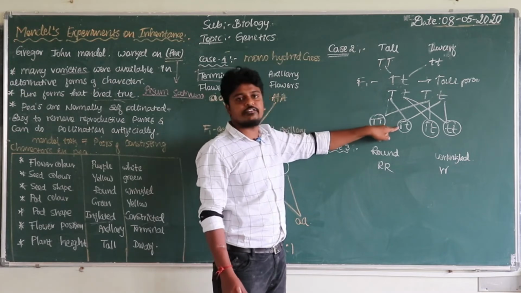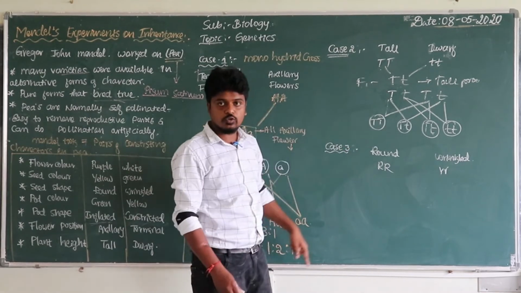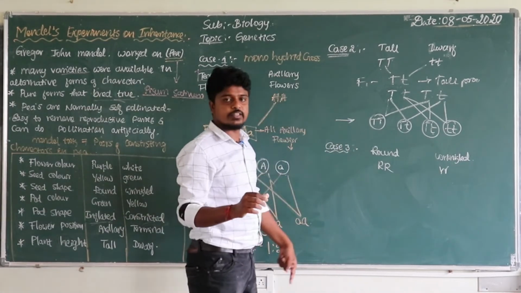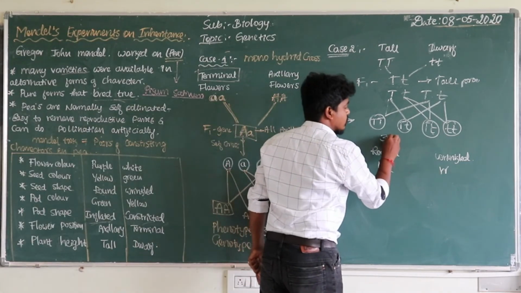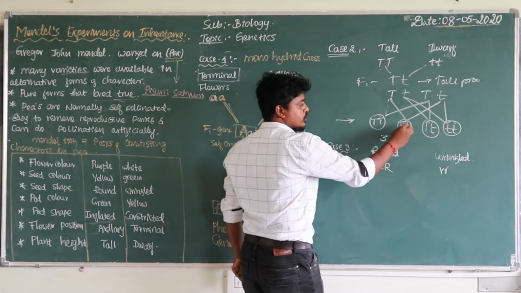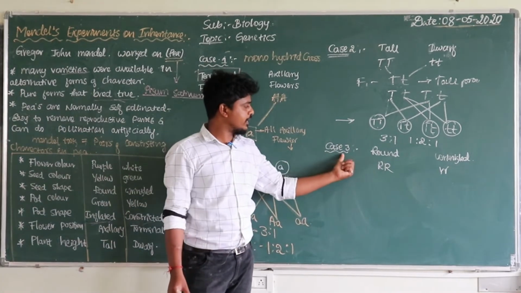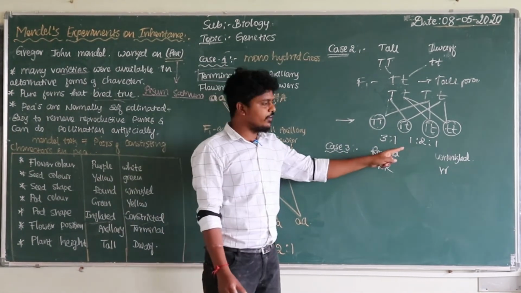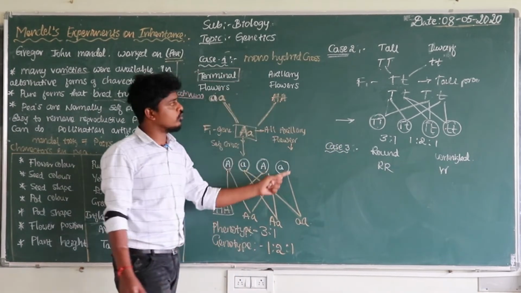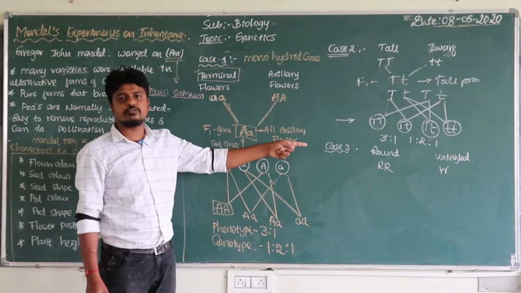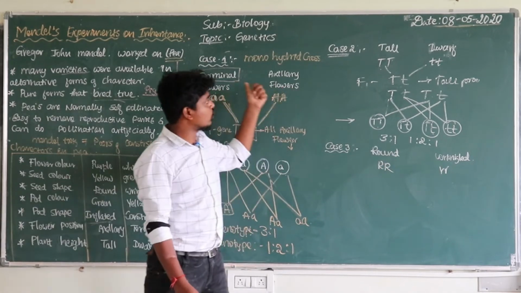But in the F2 generation, when the F1 generation self crosses, most of the plants will be tall, which means the phenotypic ratio is 3:1 and the genotypic ratio is 1:2:1. In case 3, you can see that different types of characters are taken, but for all the problems, we have to follow the same procedure. Only the characters differ.